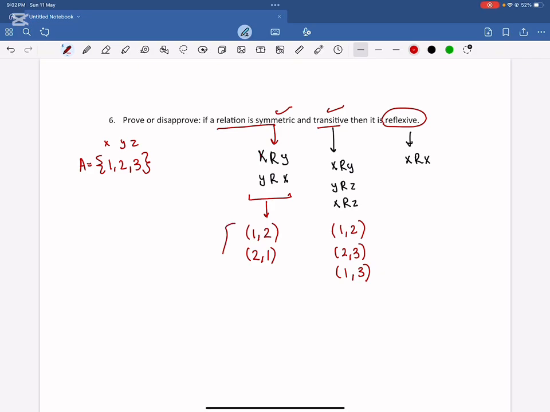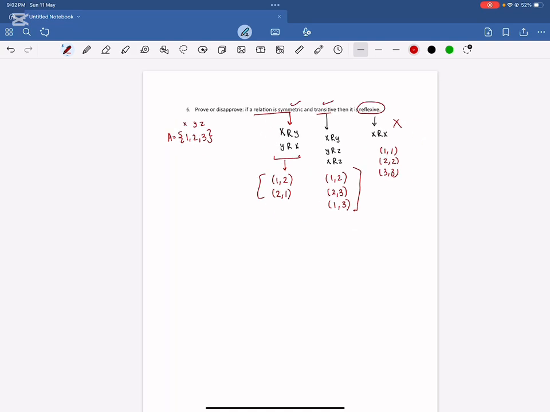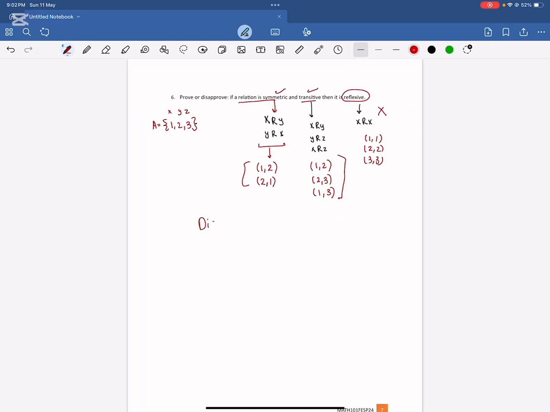So if my relation was this, there is no relation that is reflexive. There is no 1 and 1, 2 and 2, or 3 and 3. So it's not reflexive. But this is disproving by a counterexample.